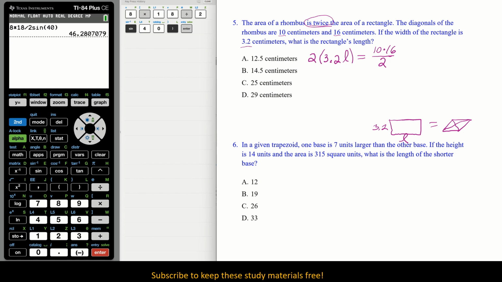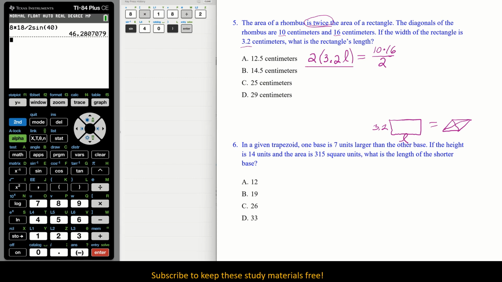Actually, my preferred way would just be to do this. I realize that on the left-hand side, all of these values are multiplied together.